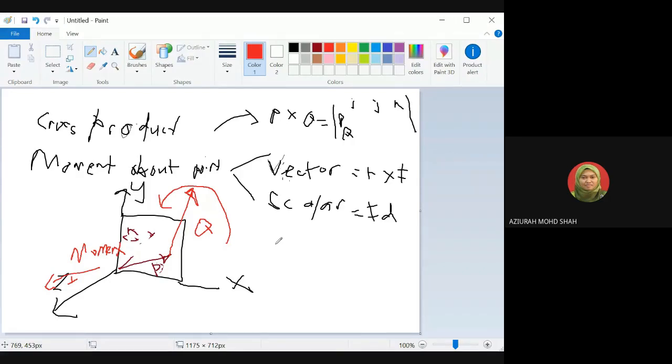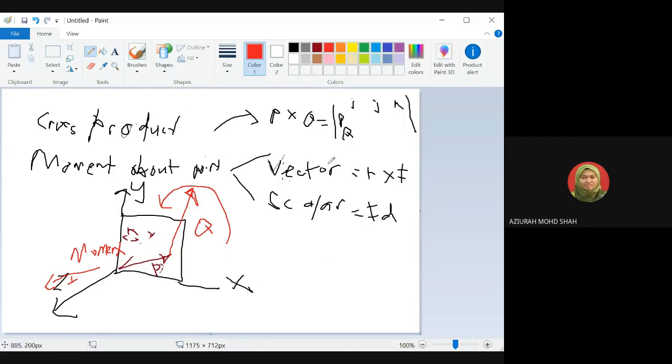So in that situation, if it is in 2D, you have two options. You can use vector or you can use scalar. Because if it is 3D, it is more reliable to use vector. Do you understand? Or do you understand less? Okay, Alhamdulillah.